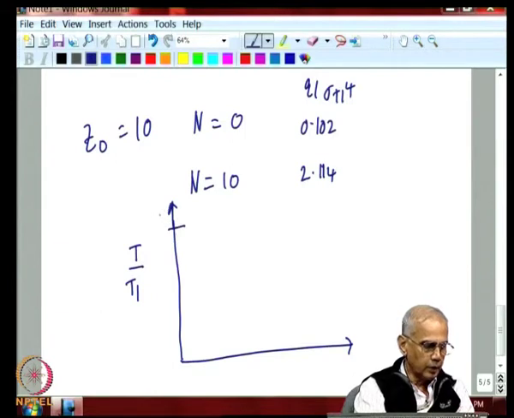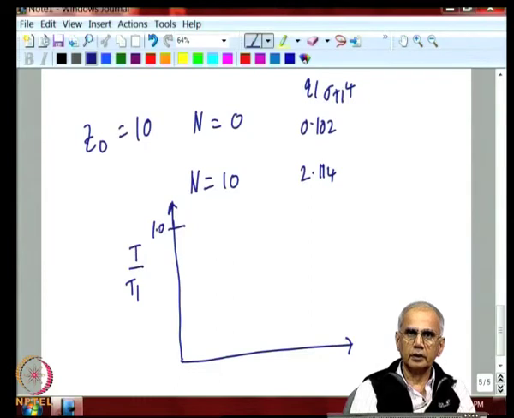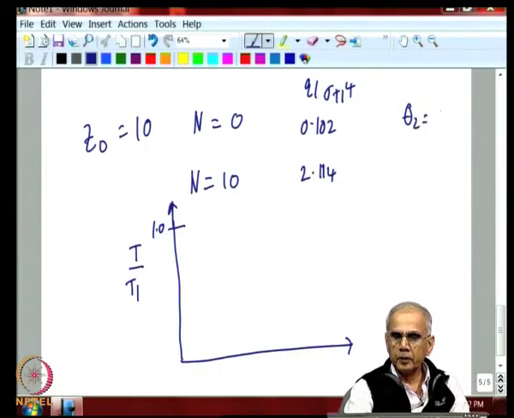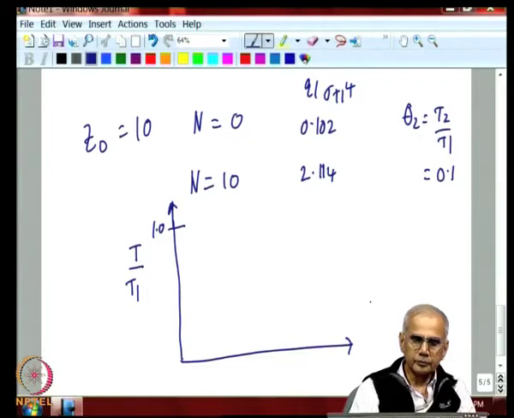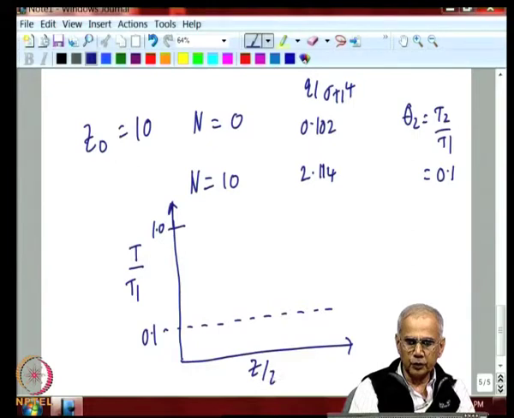T by T1 maximum value you can reach is 1, and we have taken theta 2, T2 by T1, to be of the order of 0.1, that is somewhere here, and this is Z by Z0, which has to go between 0 and 1.